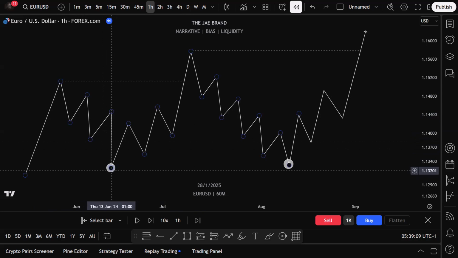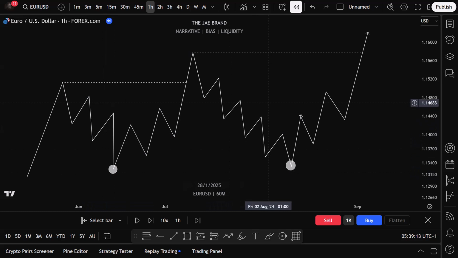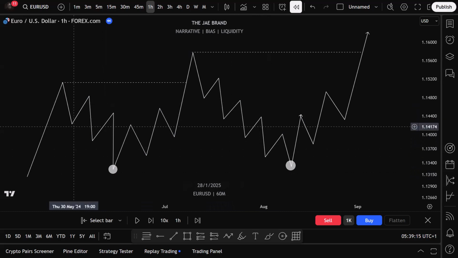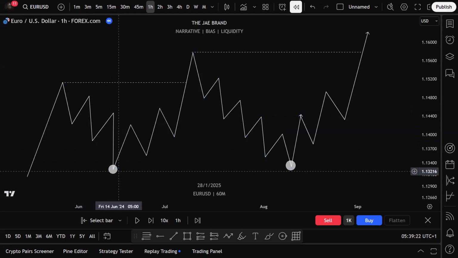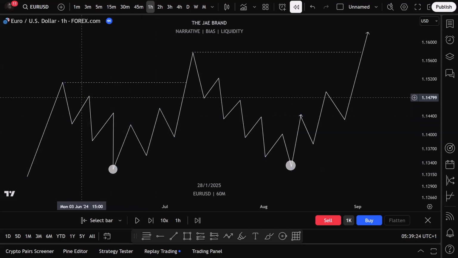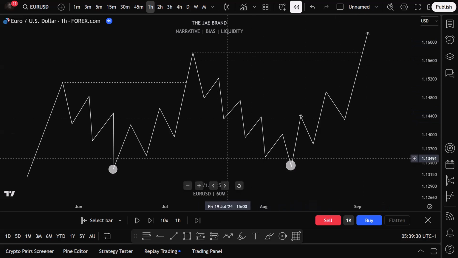So you are more interested in the direction of the higher time frame. Now in the lower time frame we can see diverse internal structures, and you see price using them as liquidity to fuel its movement back to its original direction.